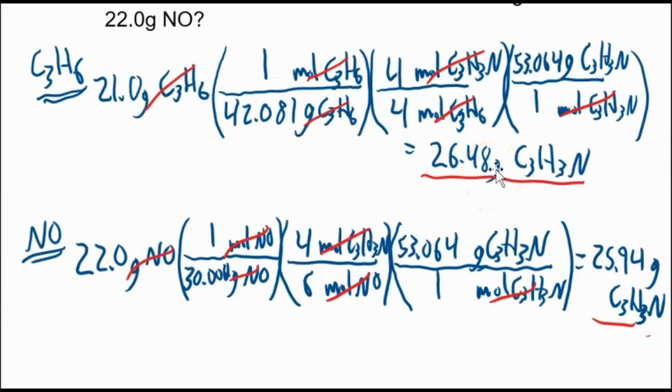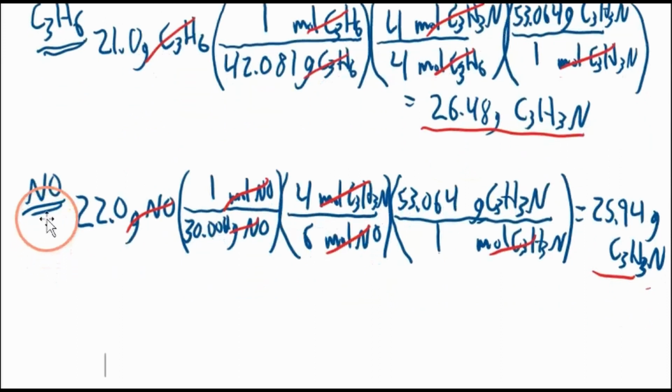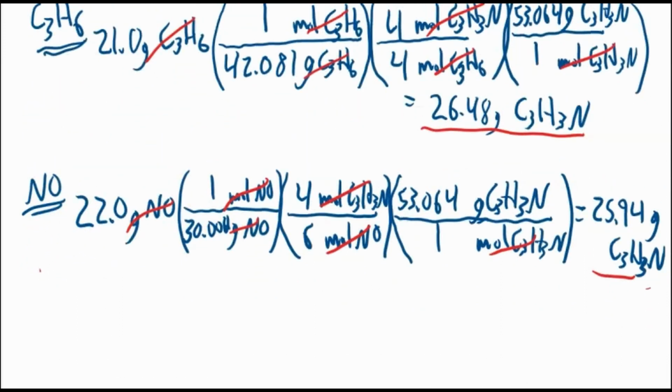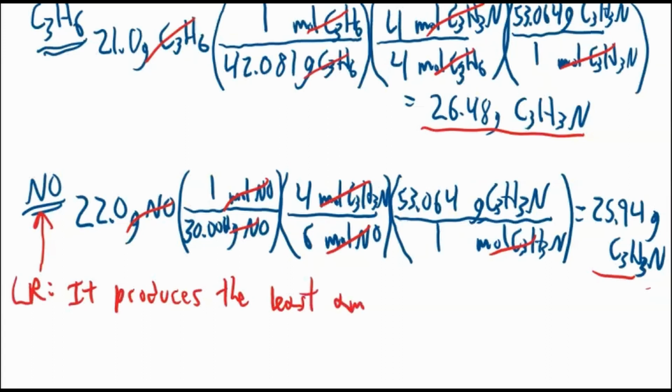And that's the definition of a limiting reactant. So this is our limiting reactant, or LR, because it produces the least amount of product, on paper, in theory. So this is limiting how much acrylonitrile we can produce.